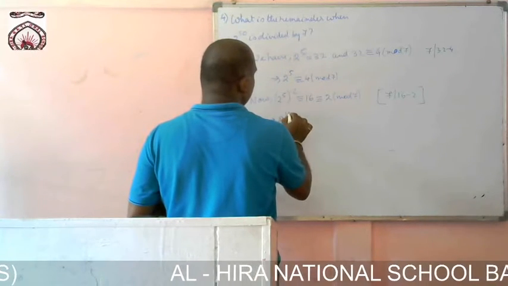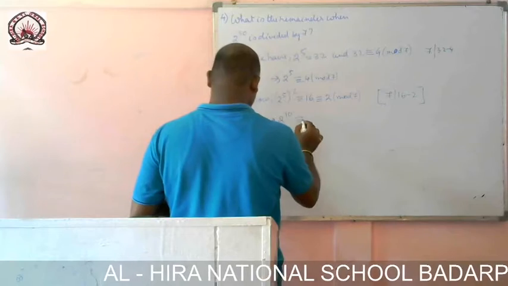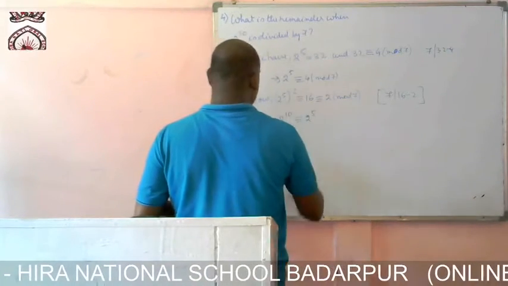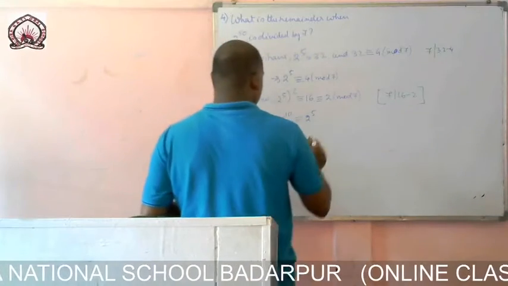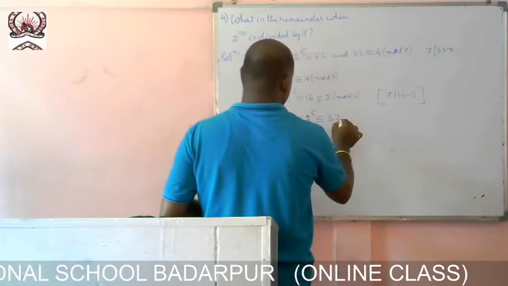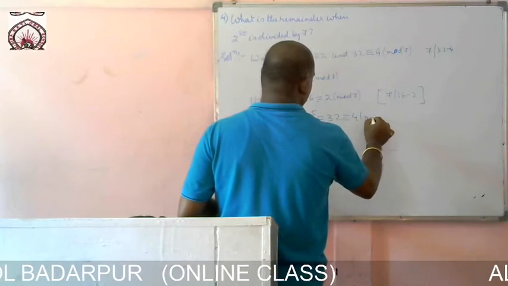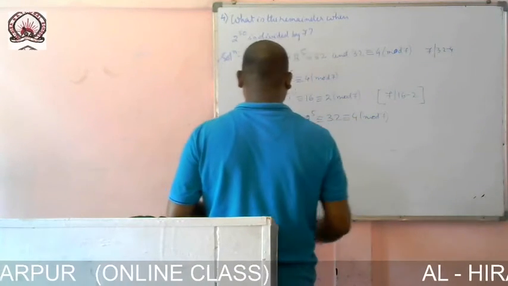So what you get here: 2 to the power 10 is congruent to 2 to the power 5, 16 is nothing but 2 to the power 5, congruent to 32, congruent to 4 mod 7.